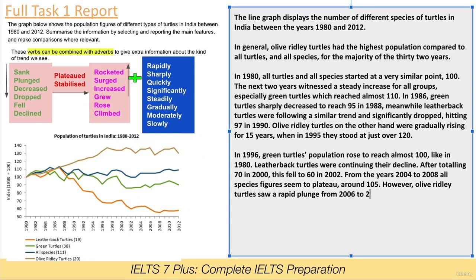And how much did they drop? So in 2006, we were at about 130, and then they drop about 10, dropping approximately 10. Okay, let's round this off.